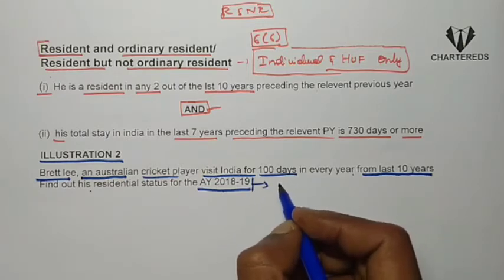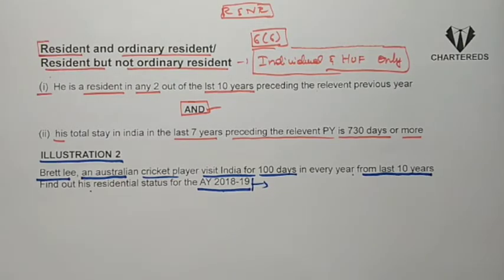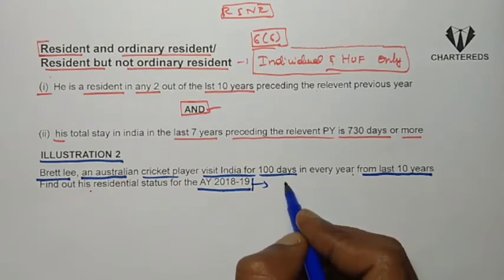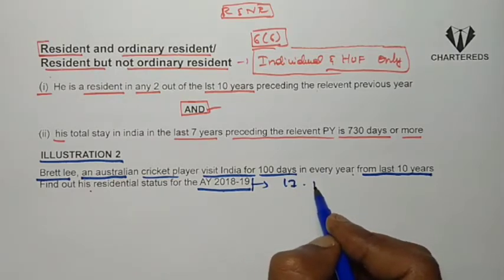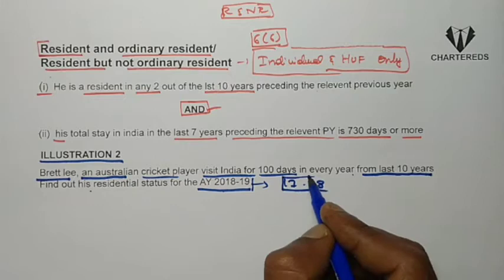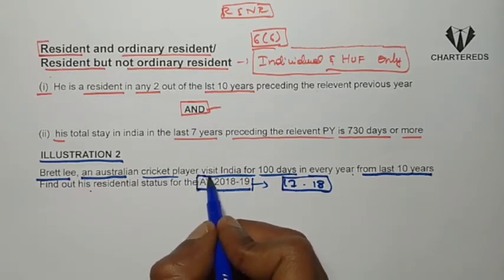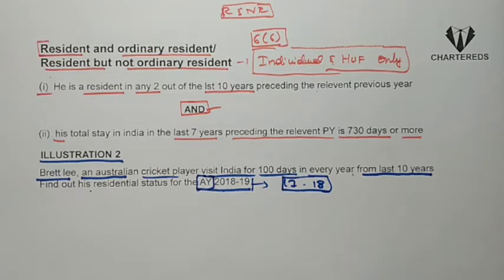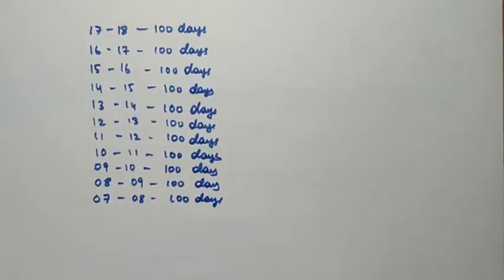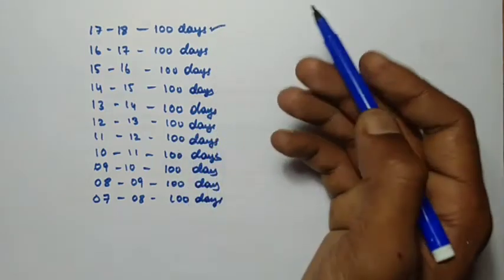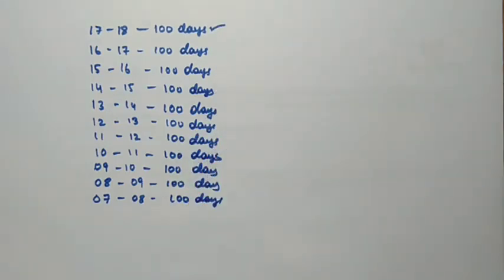So we should find out residential status for 17-18, because here the assessment year is given. So he was visiting India for 100 days every year for the past 10 years.